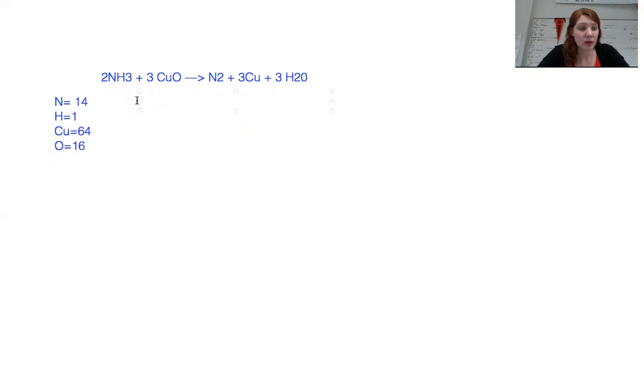Next, we find our gram molar masses. So NH3, the gram molar mass is 17 grams per mole. For copper oxide, or no, not 17. Yeah, that's correct. Sorry. 17 for NH3. Copper oxide, copper plus oxygen, is 80 grams per mole.